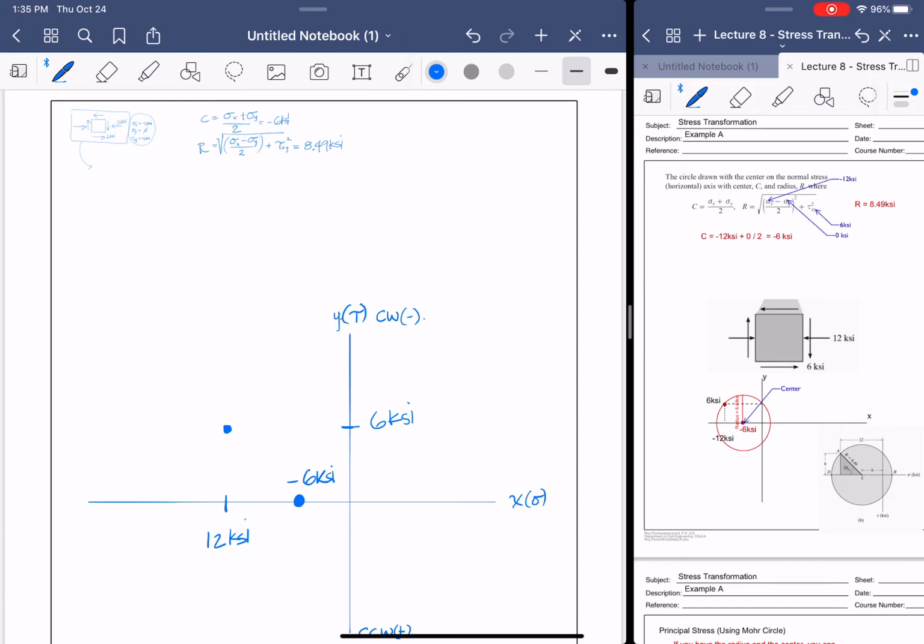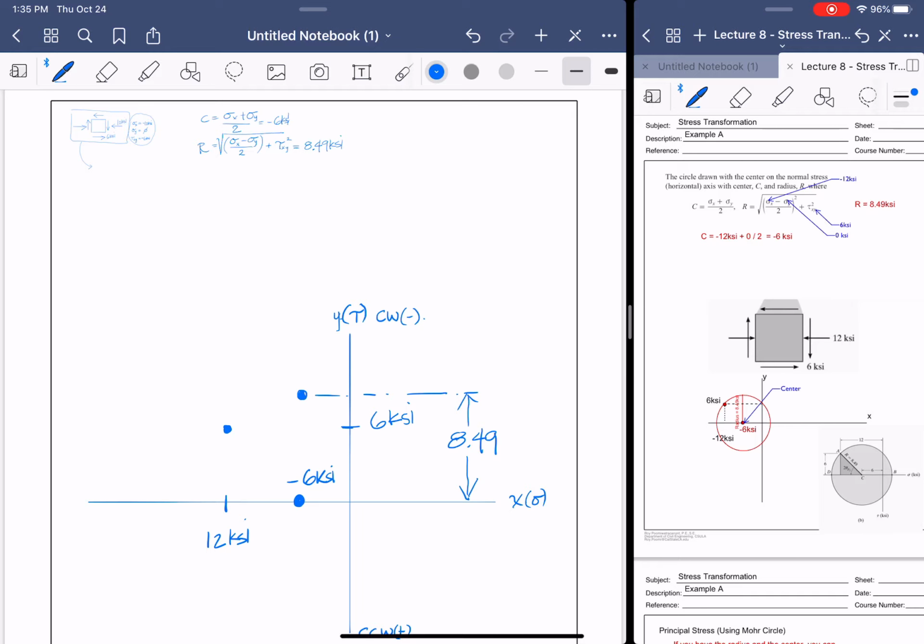So if that's 6, 8.49 may be right there, right? That is the point right there.